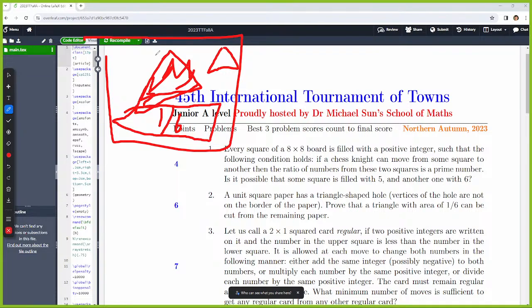Is the whole triangle area supposed to be 1/6? Yeah, the area of the triangle that you're trying to get. So you've got a square, and you cut a hole out, yeah? And after you cut the hole out, you want a triangle from the remaining paper that has an area of 1/6.